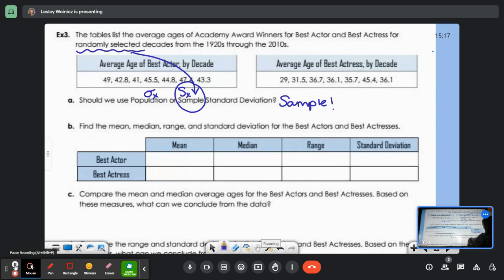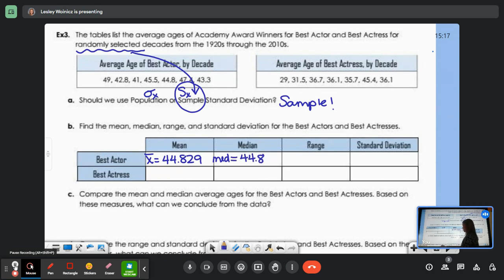What did you guys get for the mean? 44.829. The more often you use this little X bar symbol for mean, the better it'll stick in your brain. What about the median? 44.8.